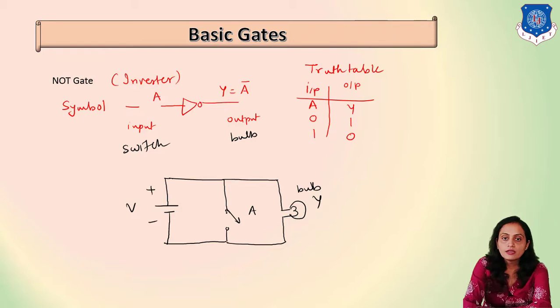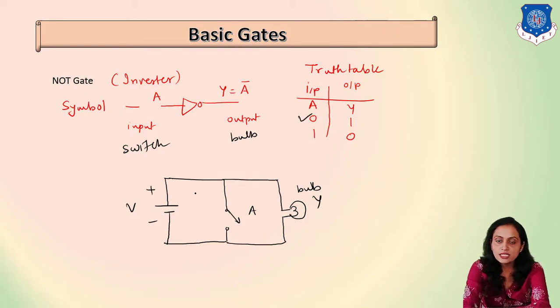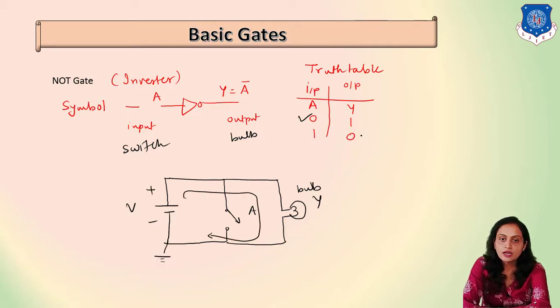So now when the switch is open, that means when input is 0, at that time the current will flow through this bulb. This is a ground, and that is why the bulb is on at this point, and that is why output is 1.